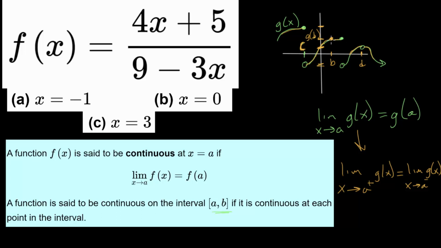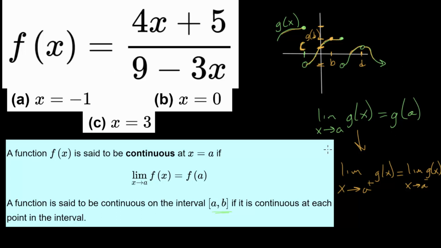So in this case, at this point, and really any point along this interval here, it is continuous because the limit exists, and if we approach it from the left or the right, it's equal to the same value, and the function is actually defined there.